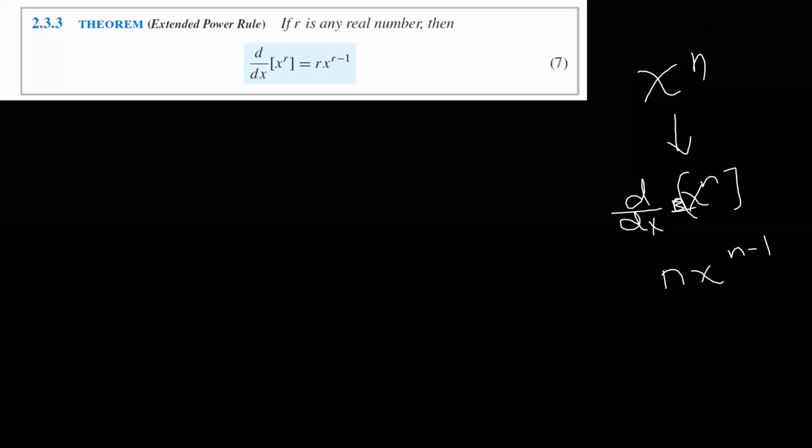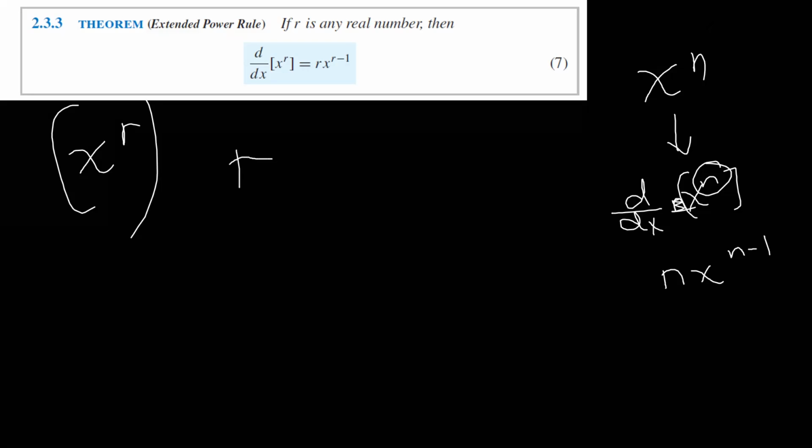What do I have to do? I will use the same theorem, but x to the power r, that means it's not n, an integer, it's r, which is a real number. The derivative of it will be r x raised to the power r minus 1.